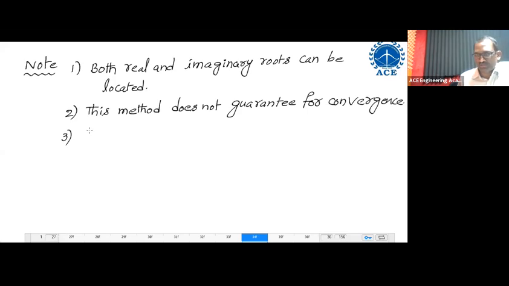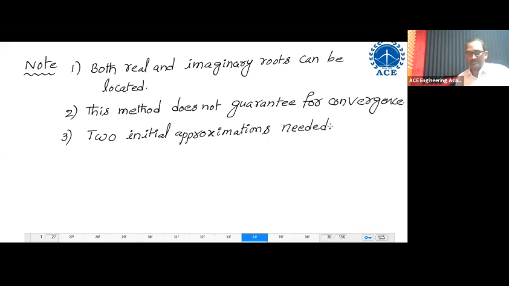Two initial approximations are needed, meaning x0 and x1 are the initial approximations.